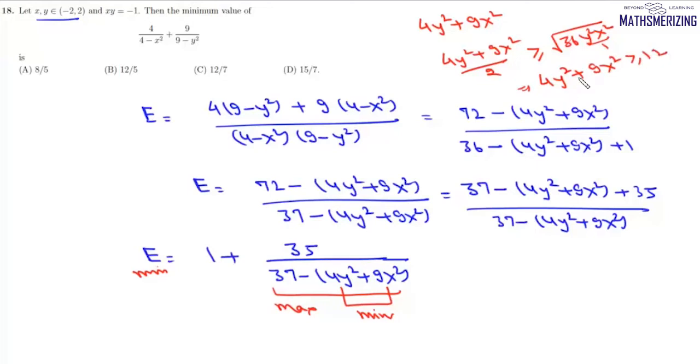So the minimum value of 4y^2 + 9x^2 is simply 12. So we'll write the minimum value of E will be 1 plus 35 upon 37 minus 12. Now 37 minus 12 is 25. 35 upon 25 is 7 by 5. So it will be 1 plus 7 by 5, which is 12 by 5. And that's your option B.